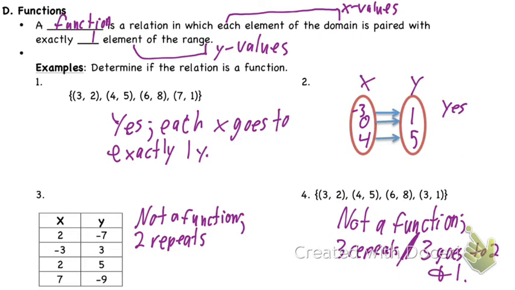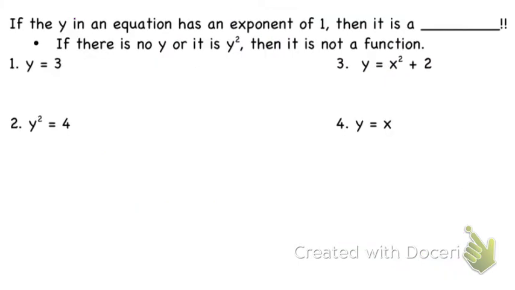How are we feeling after those 4 examples compared to after 1 example? Okay. Continuing on. If the y in an equation has an exponent of 1, then it is a function. So we learned about exponents before, right? On number 1, if we don't see an exponent on a number or a variable, what is the assumed exponent? 1. 1 is secretly there.